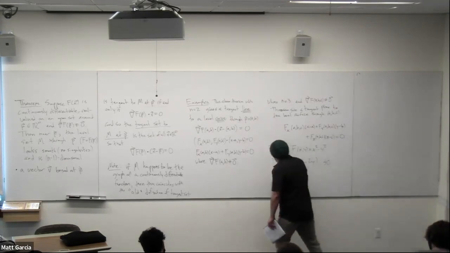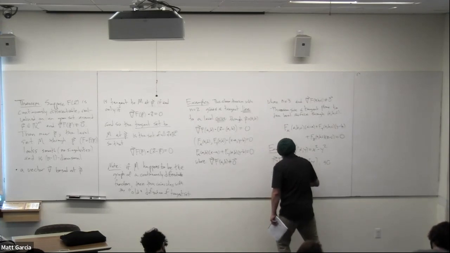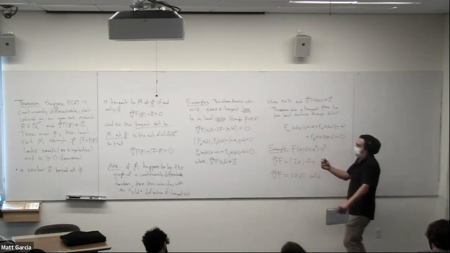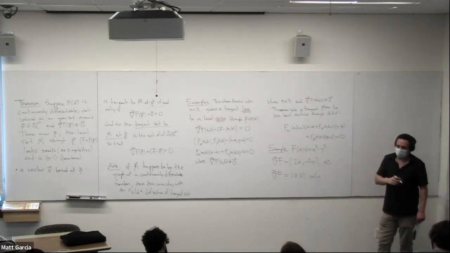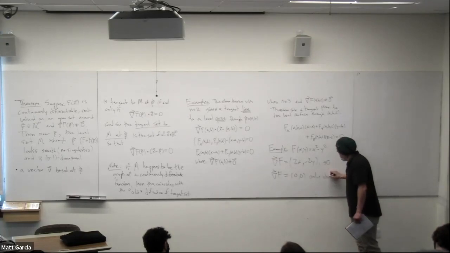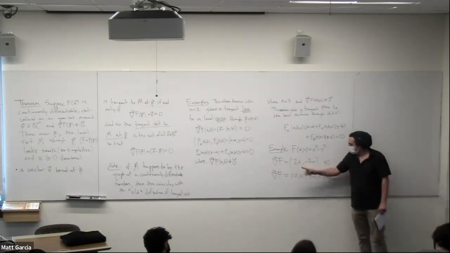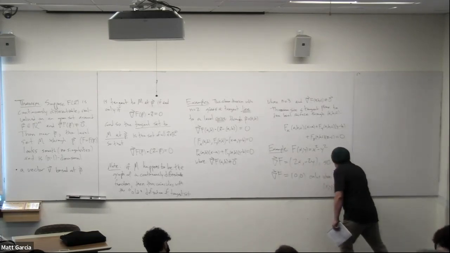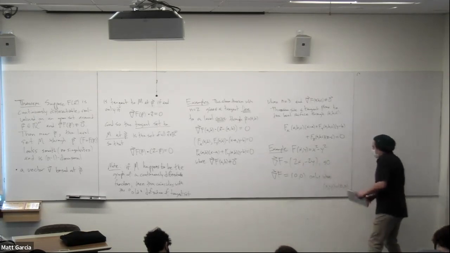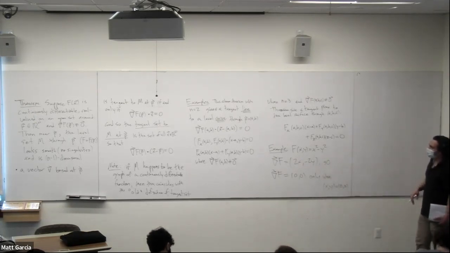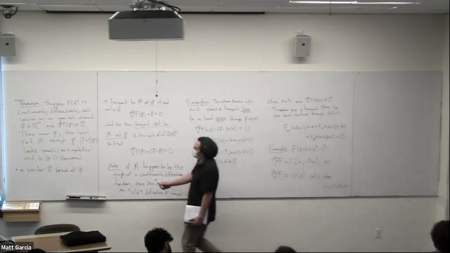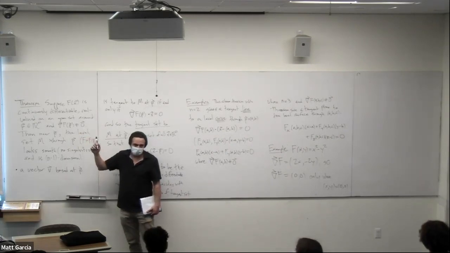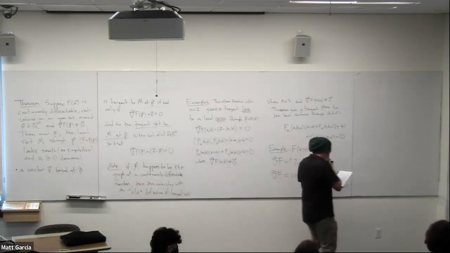So gradient of f is equal to the 0 vector only when x equals 0 and y equals 0, right? So that is to say, our theorem applies everywhere except 0, 0.